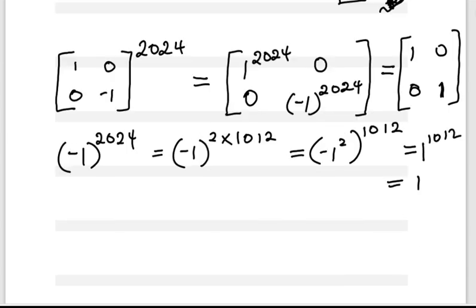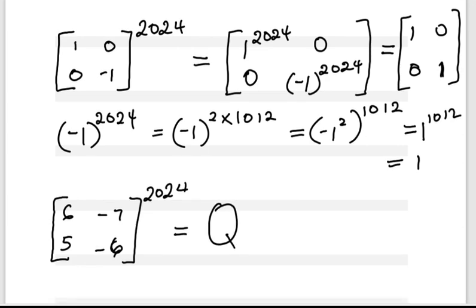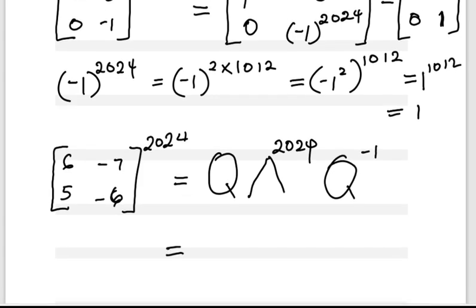This tells us that our problem, 6, 5, negative 7, negative 6 to the power of 2024, should be the eigenvector matrix times the eigenvalue diagonal matrix to the power of 2024 times the inverse of the eigenvector matrix. We know what this is already. This will be Q times the unit matrix times Q inverse.